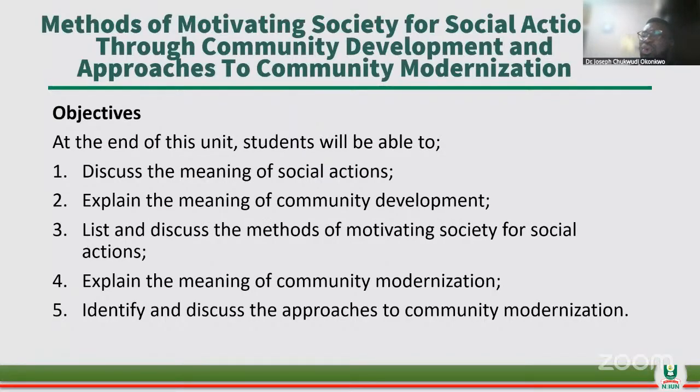And if you look at those experts, those activists that are going to bring about the modernization, you find out that they are members of that society, and there are also people from outside the society, just like development also happens. So you see that they are similar in so many ways, just that from our text, you realize that the differences are not really much at all. So you see that the approaches to modernization is the same approach you take to community development. So they are quite synonymous.